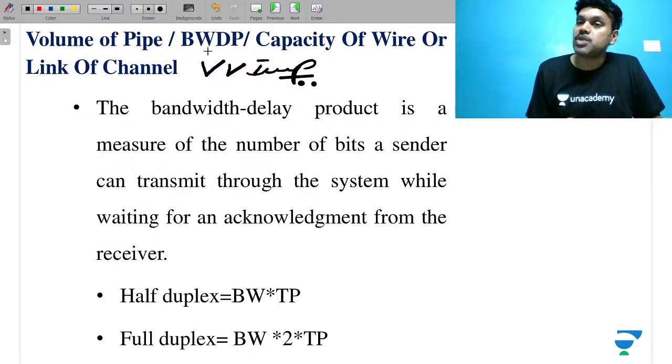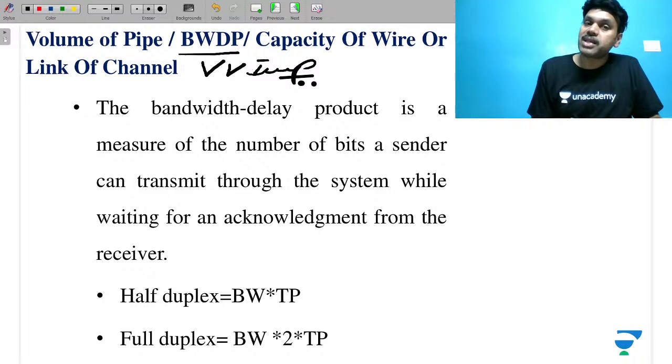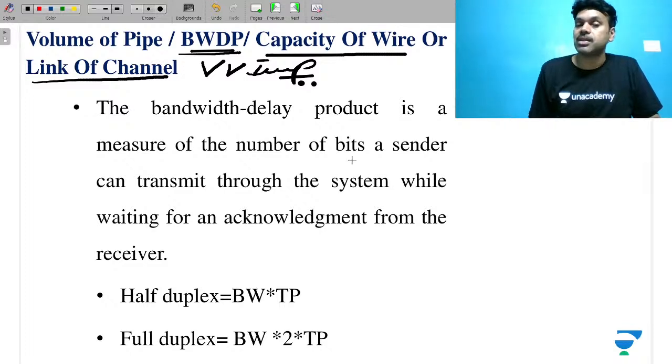So what is the volume of the pipe? It is the number of bits that fit in the cable at an instance of time. It is also called a bandwidth delay product, also called the capacity of a wire or a link or of the channel. These are all the synonyms of your volume of the pipe.